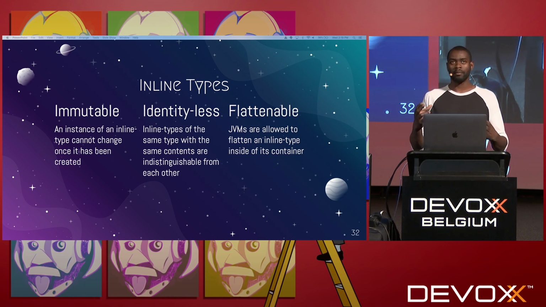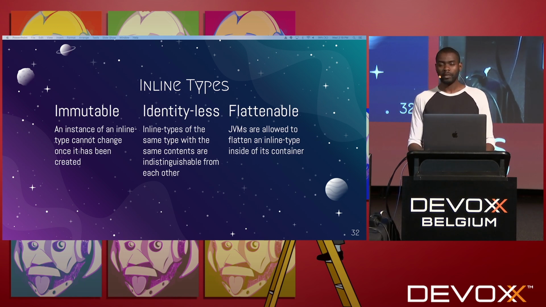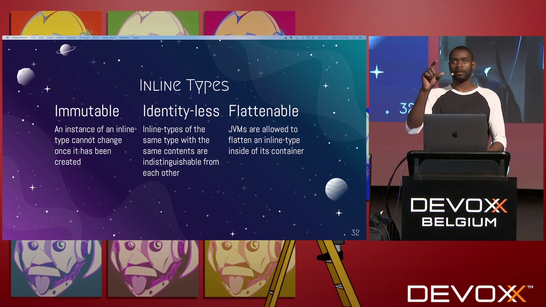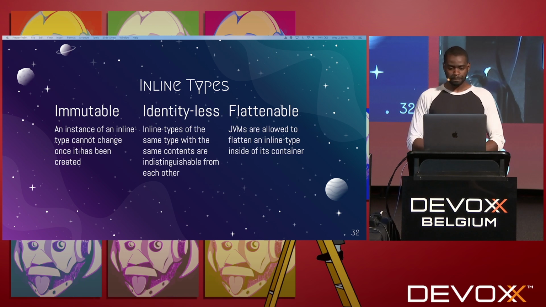So if it has the same values, they are the same. And as a result, identity operations like locking are not permitted. Flattenable means that the JVM is free to embed or inline an inline type within its container. So inline types can be embedded in arrays or in fields of other types.